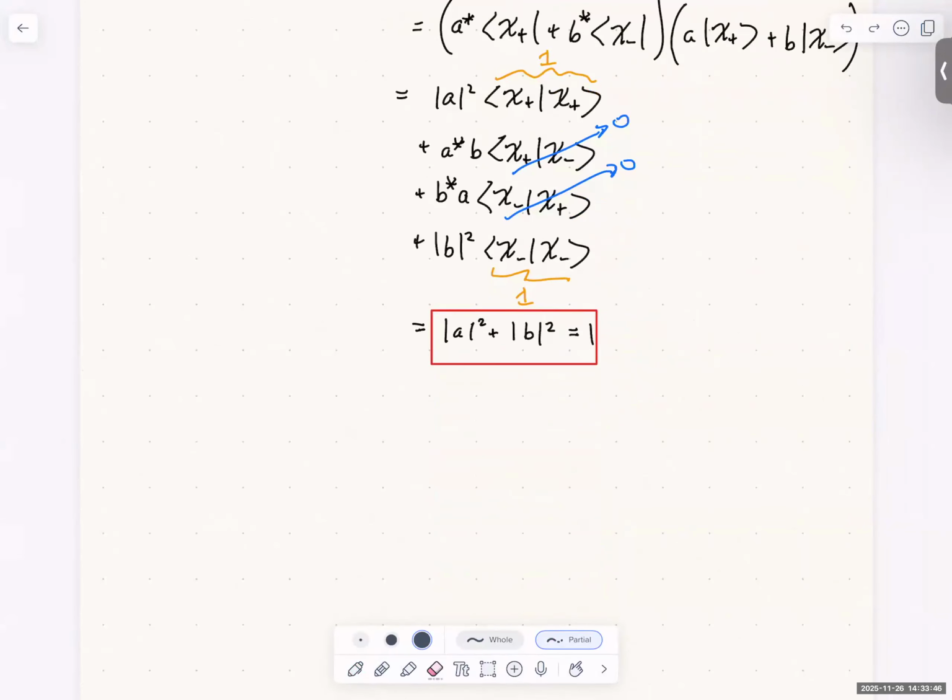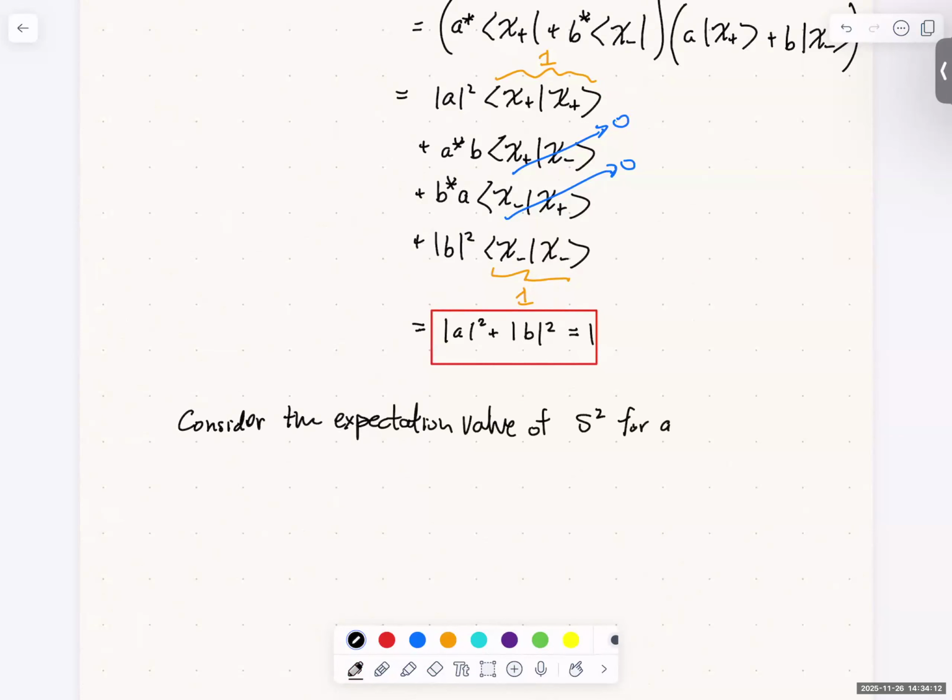So I want to continue with this idea here. What I'd like to do next is consider the expectation value of s squared for a general spin state chi.